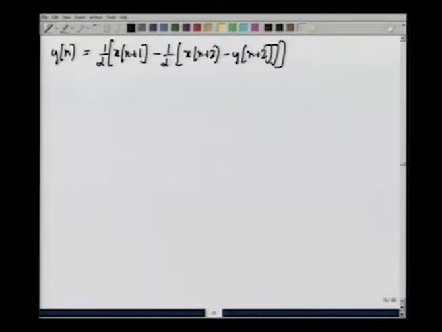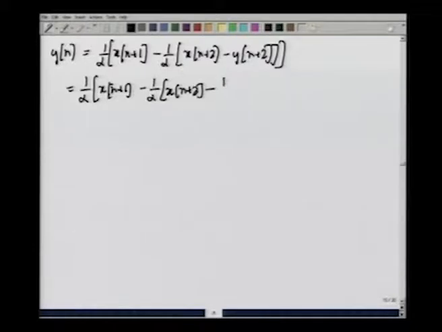Now, we are going to handle this in another round to get 1 by alpha x n plus 1, fine, minus 1 by alpha x n plus 2, fine, minus y n plus 2. What is y n plus 2?